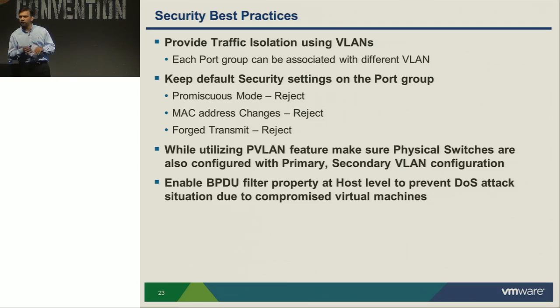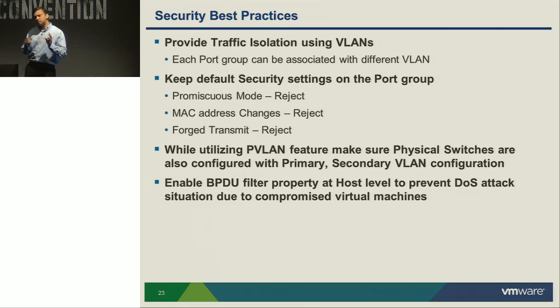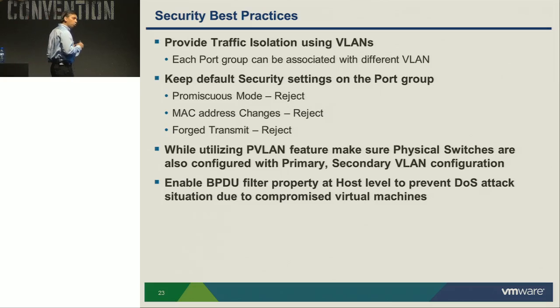But suppose you have a compromised virtual machine on that host and it starts sending BPDU frames. The physical switch is going to block that port, saying that it was not expecting any BPDU on this port and it is getting it. So it is going to block that port.